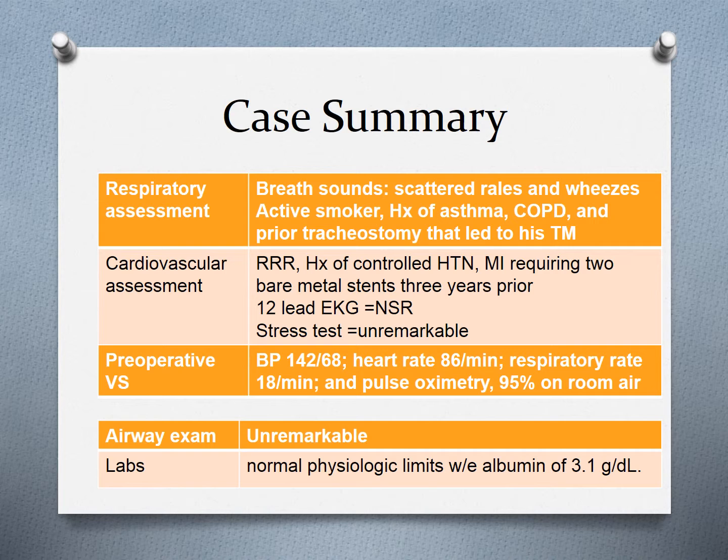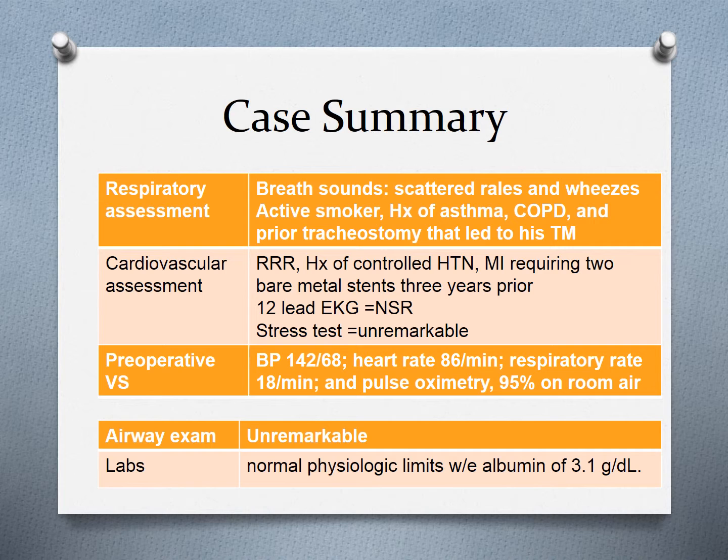Upon assessment, breath sounds had scattered rales and wheezes. He was an active smoker. He had a history of asthma. He had COPD, and he had a prior tracheostomy that led to his tracheomalacia. Cardiovascularly, he had a regular rate and rhythm. He had a history of controlled hypertension. He had a history of 2 MIs requiring bare metal stents 3 years prior.